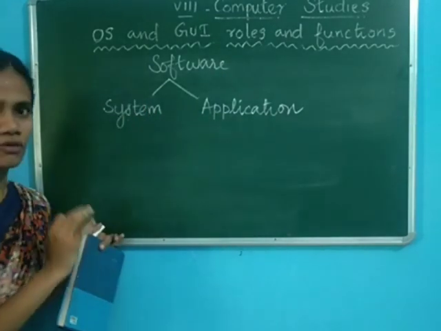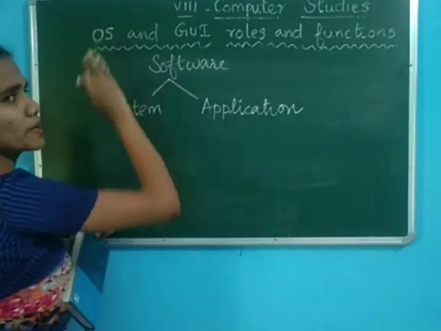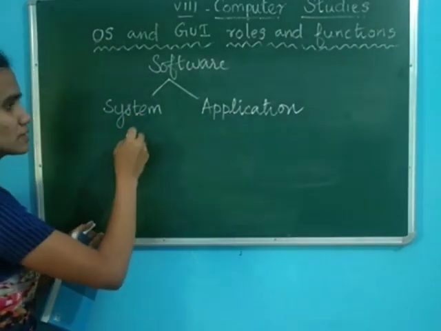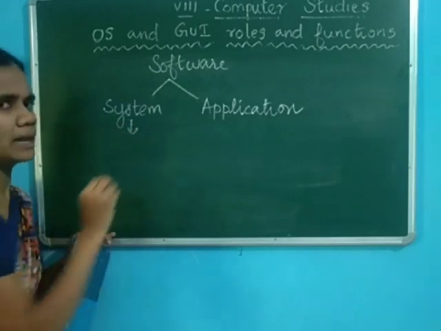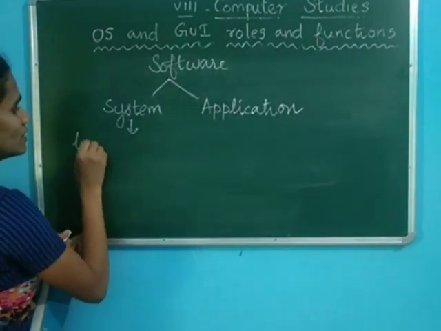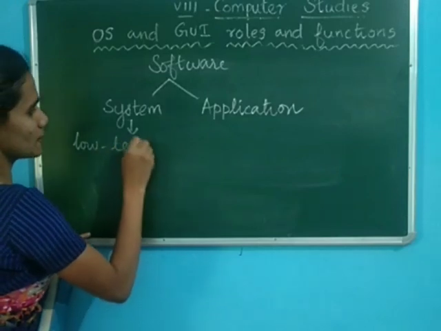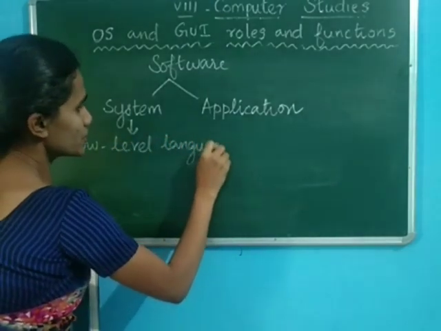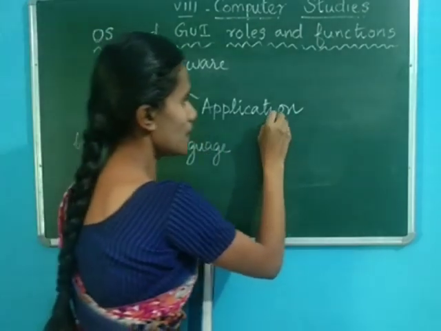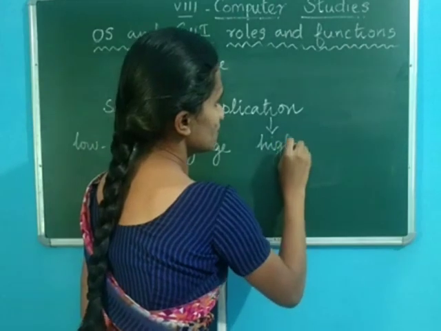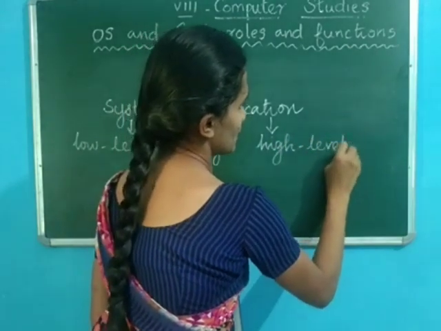Under the system software category, the operating system comes. These softwares are written with the help of a computer language. System software is written in low-level language. Application software is written in high-level computer language.